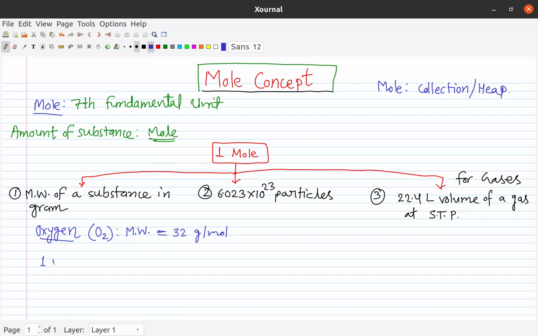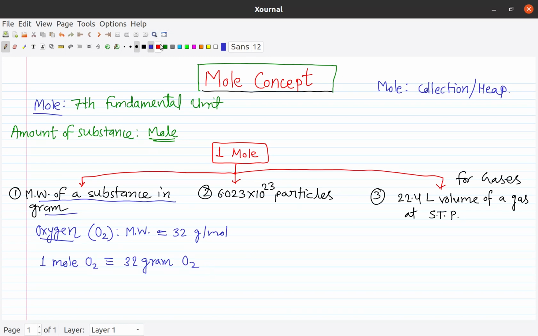So you can write 1 mole oxygen gas, or simply 1 mole oxygen. It can be liquid or solid also. So 1 mole oxygen is equivalent to 32 gram oxygen. This is the first concept: molecular weight of a substance represented in gram is equivalent to its 1 mole.